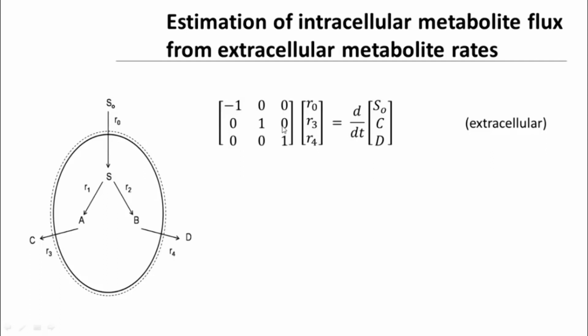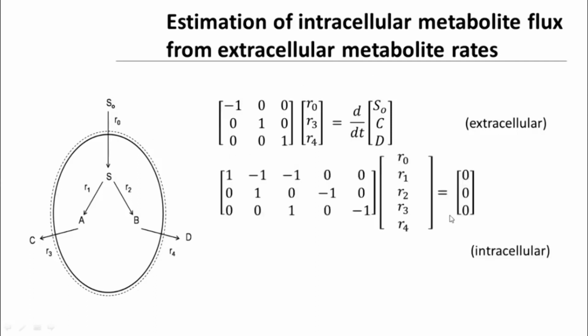Minus 1, 0, 0, 0, 1, 0, 0, 0, 1, R0, R3, R4. These are the rates that correspond to extracellular metabolites, d dt of S0, C and D. The equations corresponding to extracellular metabolites have been written in this matrix form. And this is the intracellular one. If S0, C and D can be measured, you can calculate these, right?